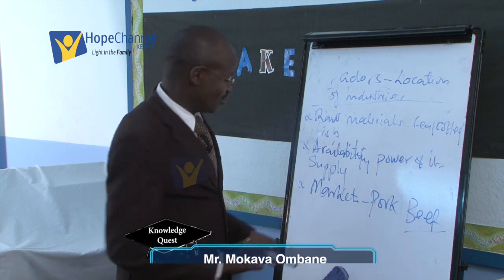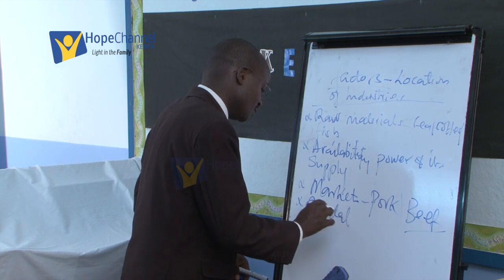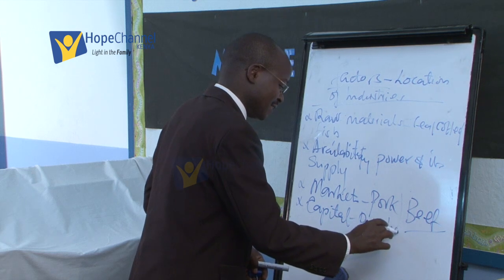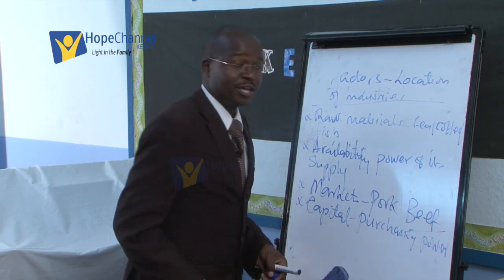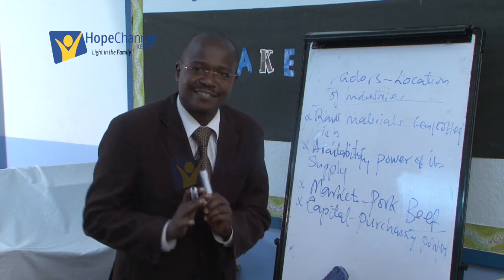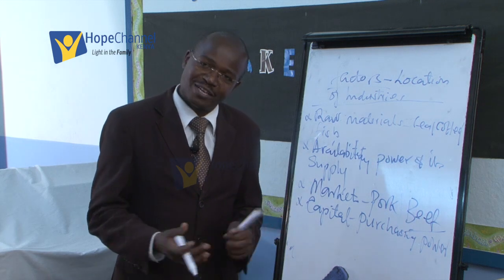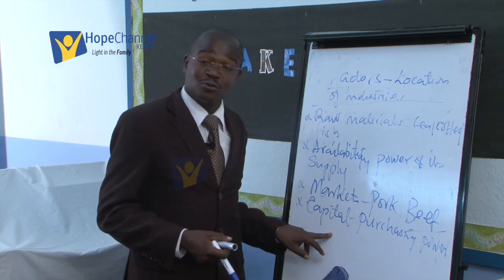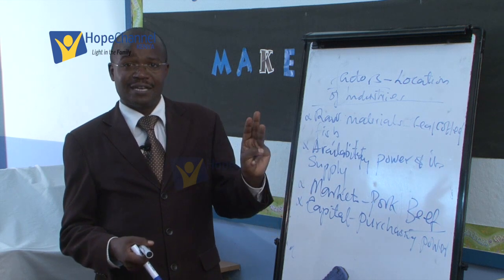The next thing that you look at is capital. Do you have enough money? This is actually the purchasing power. Do you have what it takes, the amount of money required, or facilities or machines required for you to come up with industries? In most cases, capital goes hand in hand with money, in two forms.